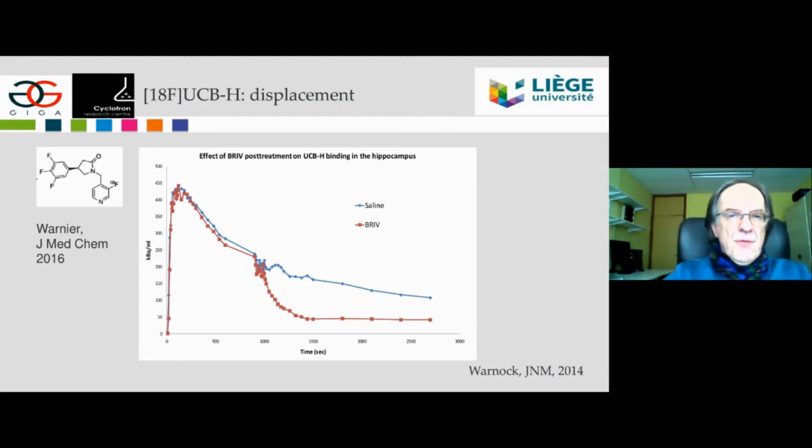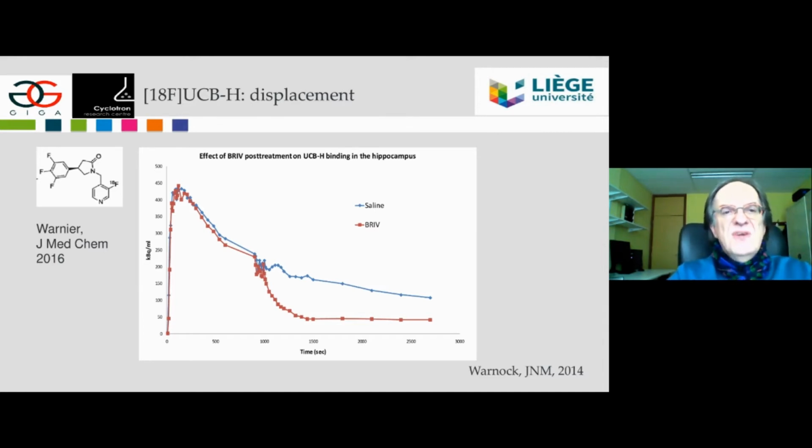And for that, we made a displacement, which means that a few minutes after injecting the radiotracer, we injected what we call the cold tracer, which competes with our radio marker.